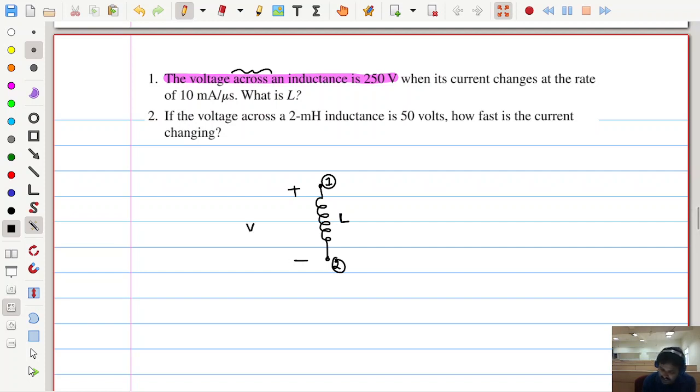I told you voltage polarity is represented as V suffix 1 2, which is equal to 250 volts, as given. Here, 1 represents the positive side. The first suffix is the reference of the positive with respect to the second suffix. Next, see that when its current changes at the rate of 10 milliamperes per microsecond.